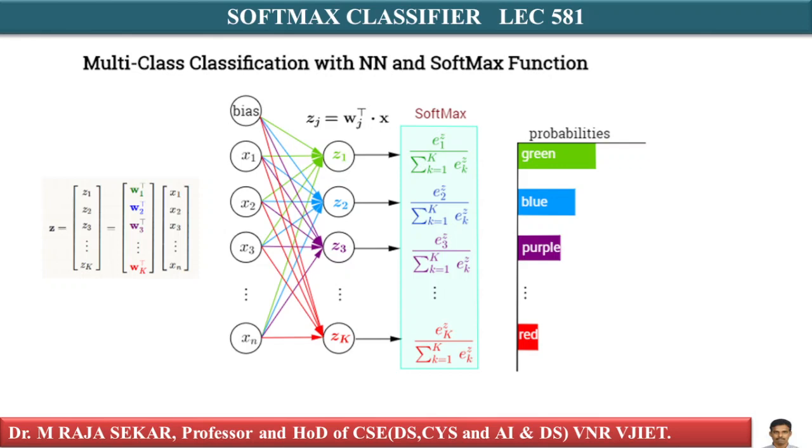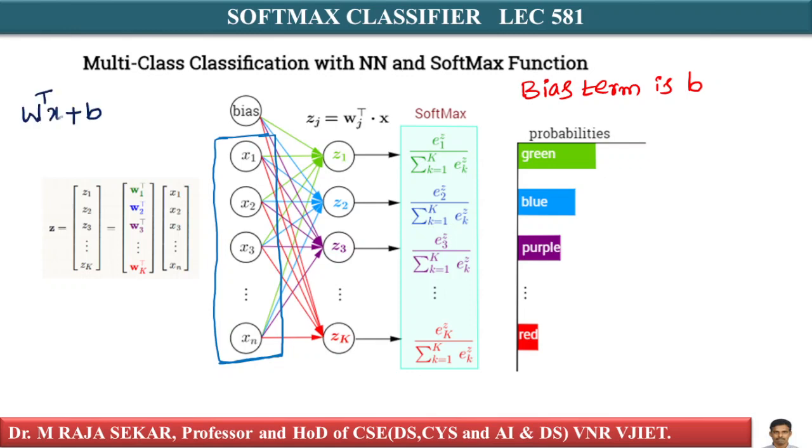So literally what we are doing here, you take all the inputs x1, x2, x3, so on xn. The bias term is b, because you can write it as w transpose x plus b. So this is your x. What is my x? X is x1, x2, so on xn.